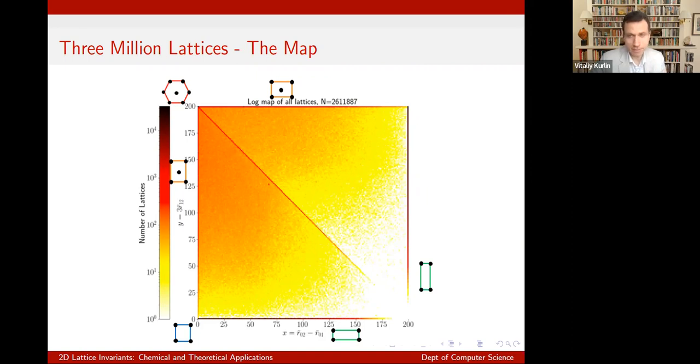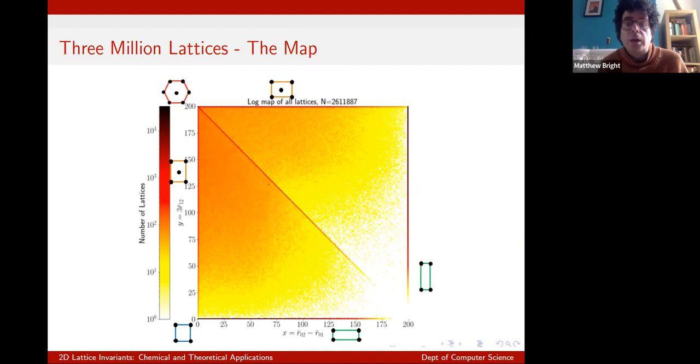So despite all preferences, nearly half of two-dimensional lattices in real crystals are really generic. We'll come to talk about how generic they are at the end of the talk when we get to the business of random lattices and that sort of more mathematical question.